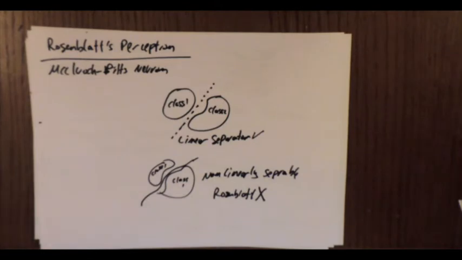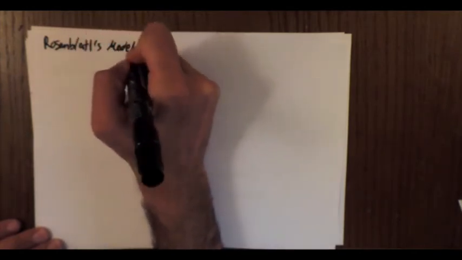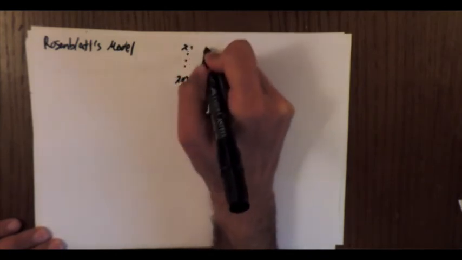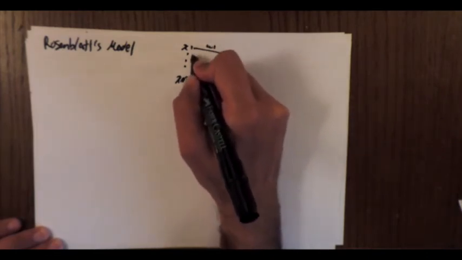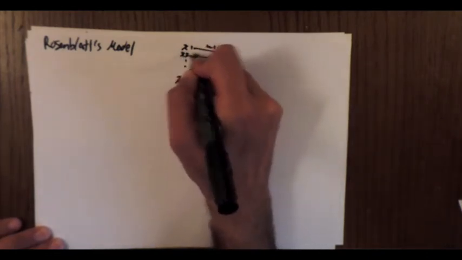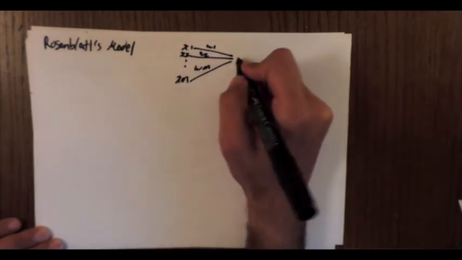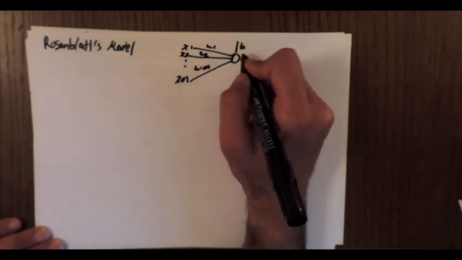If I take a look at the Rosenblatt perceptron we just discussed, I'm going to write the model again. We have inputs x1 to xm, with weights w1, w2, up to wm, and we add another bias b.